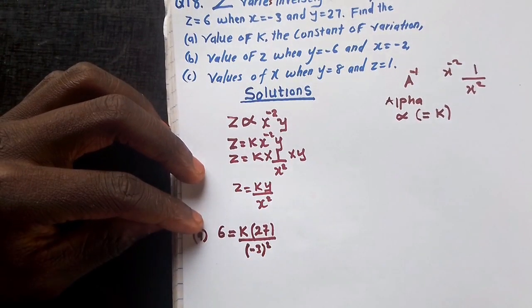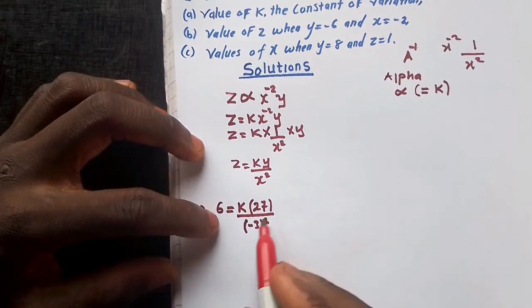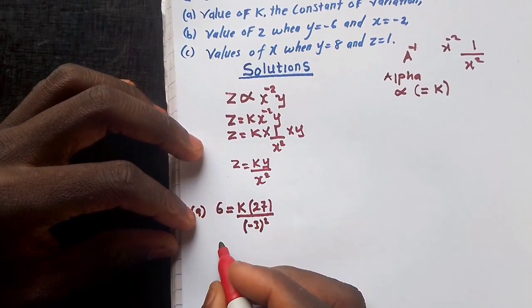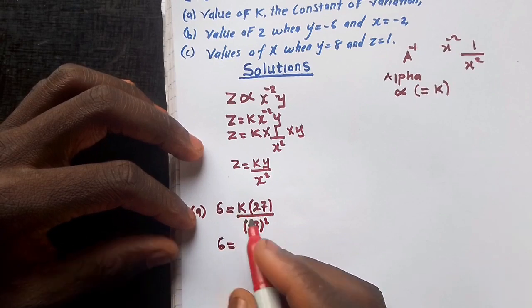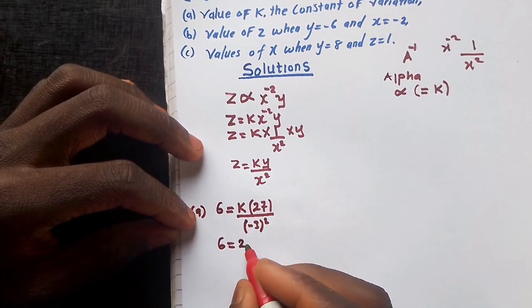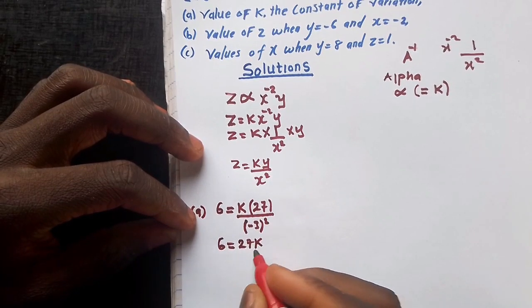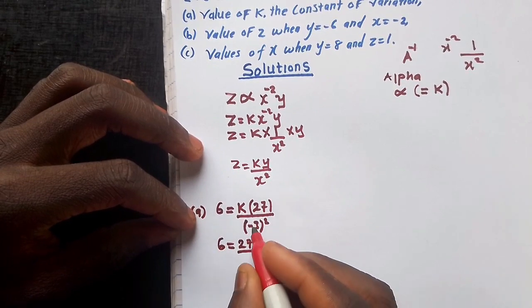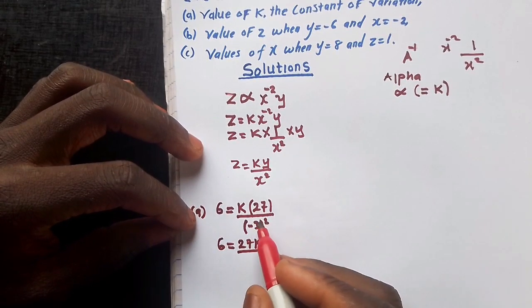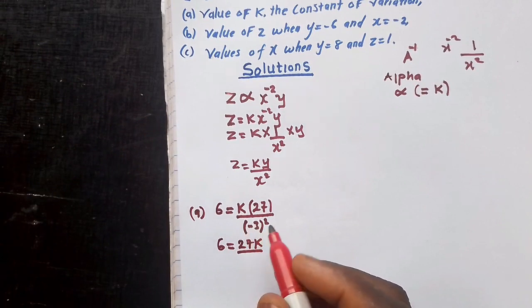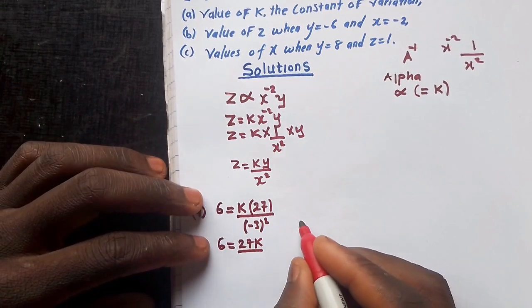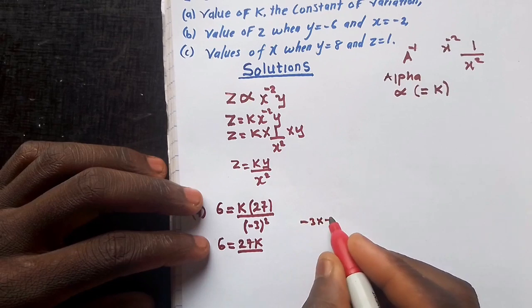Okay, so from there now, let me deal with the brackets. I'm going to say 6 is equal to 27 multiplied by k, I'm going to get 27k over, on the denominator, we are multiplying negative 3 multiplied by negative 3.